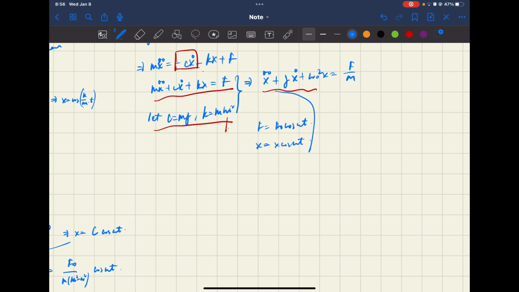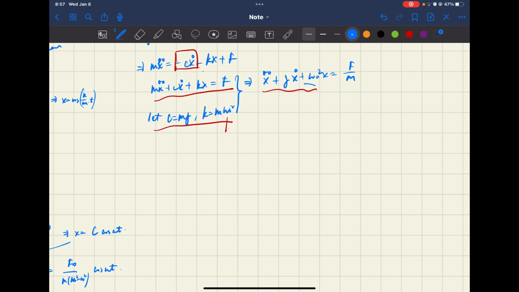The second derivative will be a cosine function, and the first derivative of x will be a sine function, added together. So the eventual form will be very complex if we use this method, because we have both the cosine function and the sine function over here. It's a very complicated mathematical process and will involve a lot of calculation. So now we choose to use the exponential function here, and we'll greatly simplify the process.